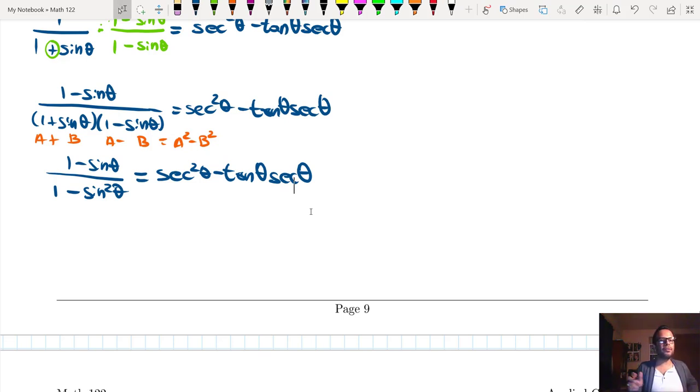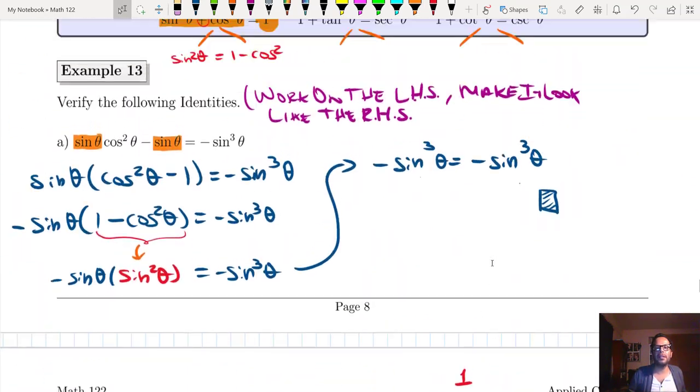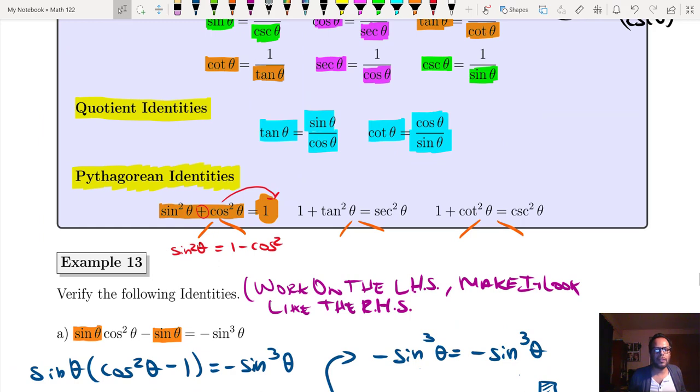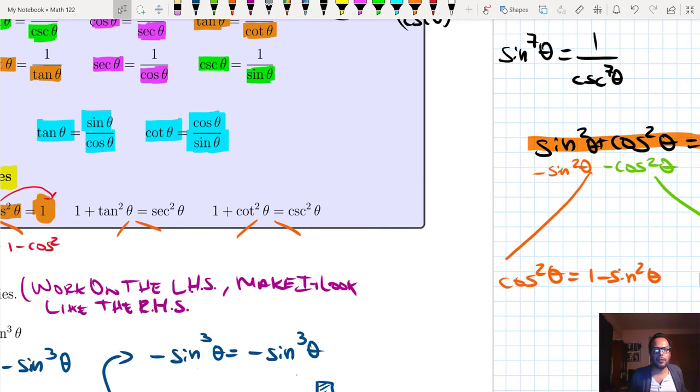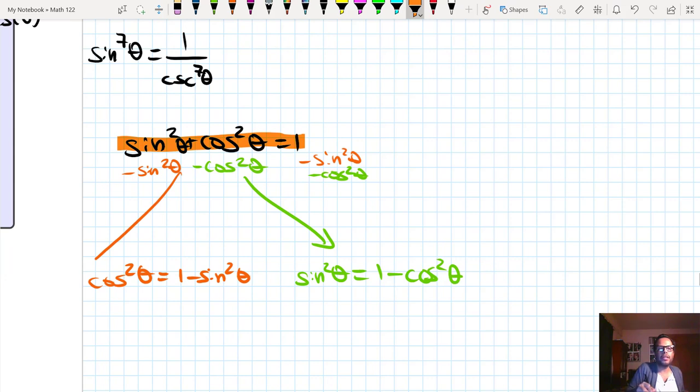What are we going to do next? Observe this: 1 minus sine squared theta. Let me go back up here. Cosine squared is the same as 1 minus sine squared, or sine squared equals 1 minus cosine squared.